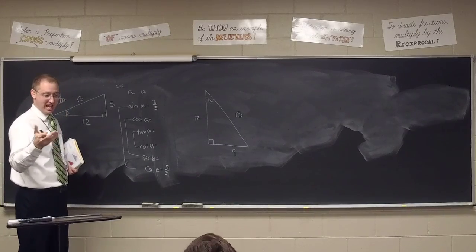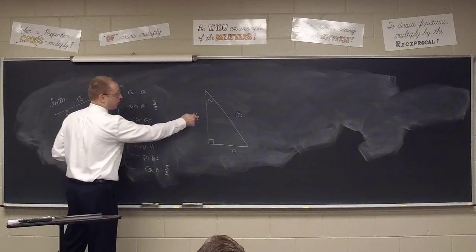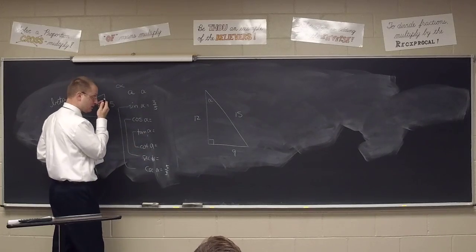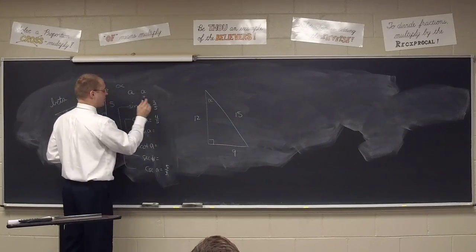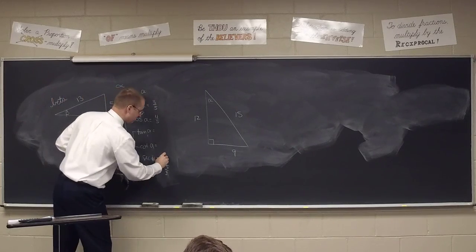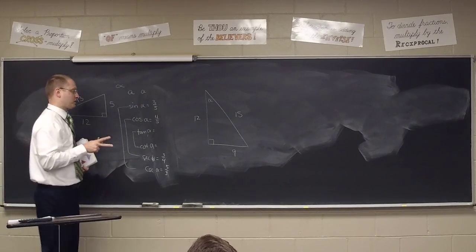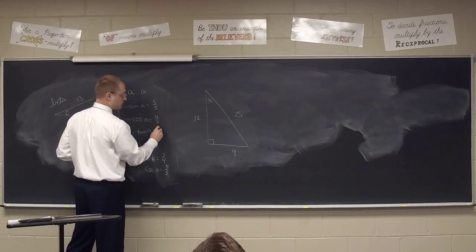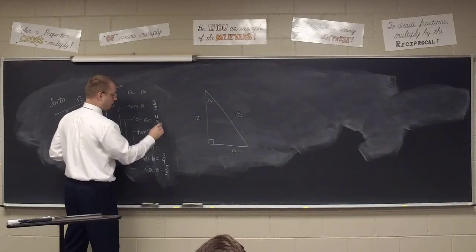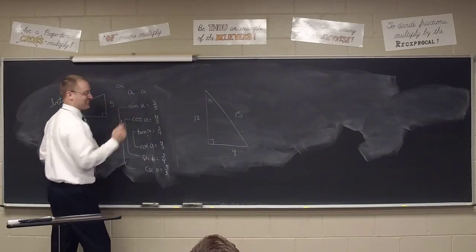Think Spanish, where the A makes the ah sound. Adjacent over hypotenuse, which will be 12 to 15, reduces to 4 to 5. Once you get the cosine, get its reciprocal, secant, 5 to 4. Tangent, TOA, what over what? Opposite over adjacent, which would be 9 to 12, reduces to 3 to 4. Get the reciprocal, cotangent, 4 to 3.